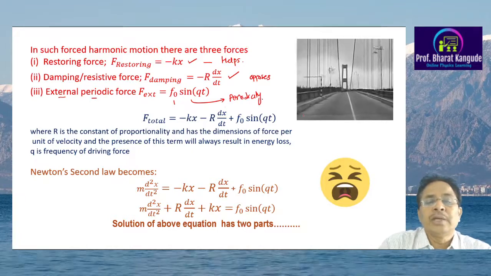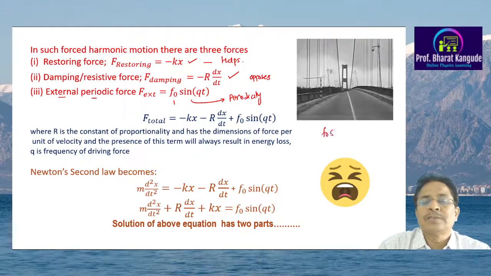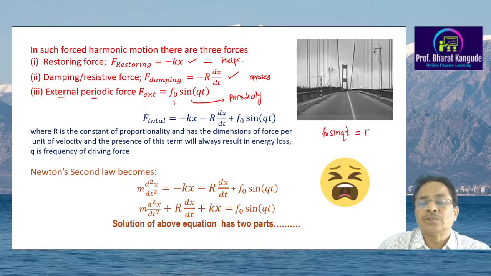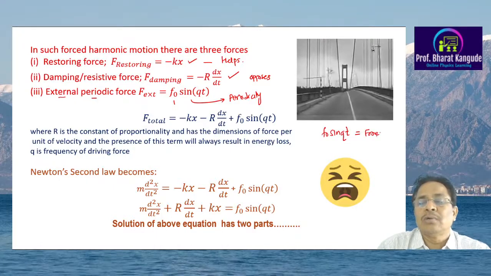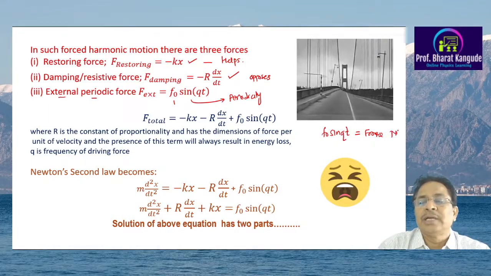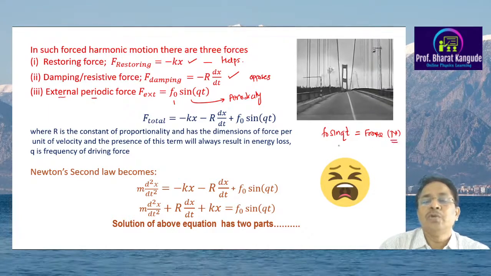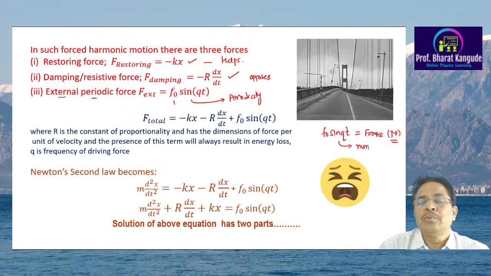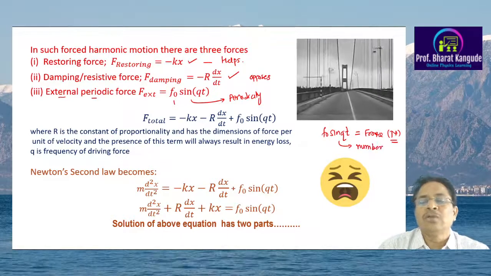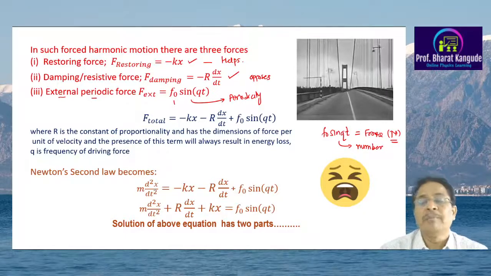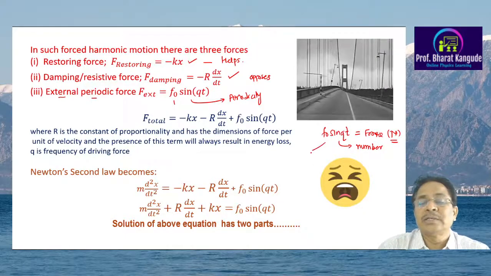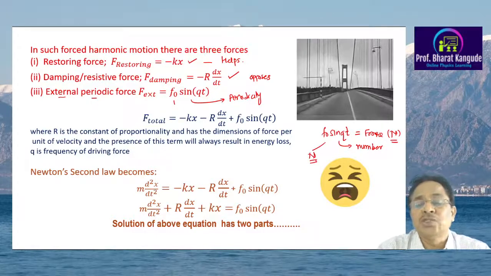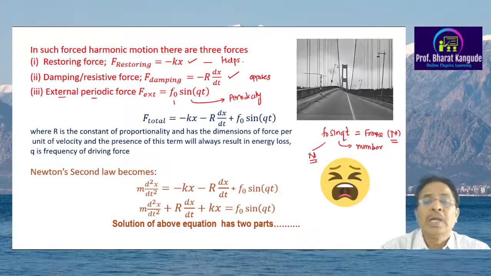Note that this total, F0 sine qt, has the dimensions of force, so its unit will be Newton. The sine qt is going to be just a number, because the sine of any function is a number, and therefore F0 has the dimensions of force and its unit is Newton.